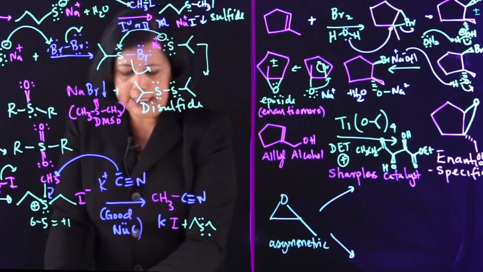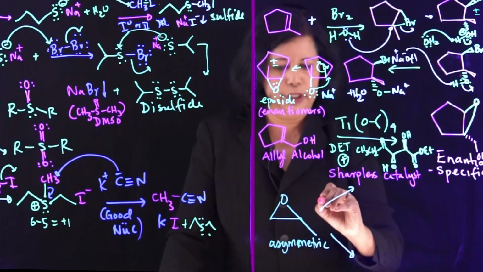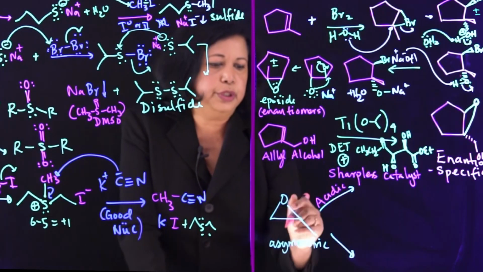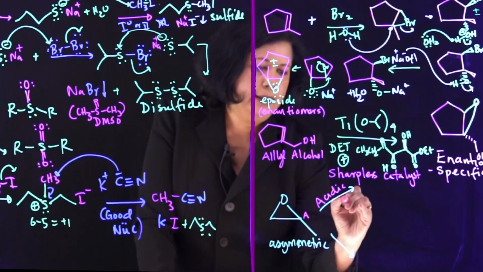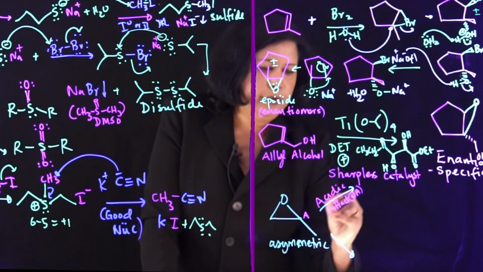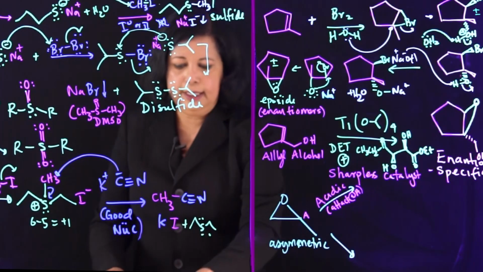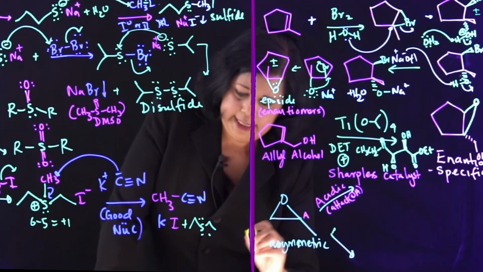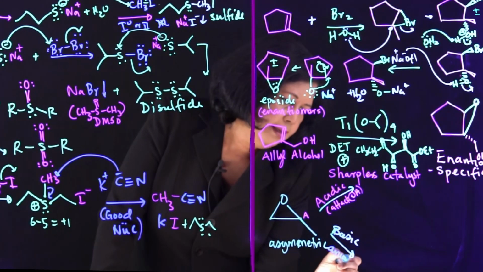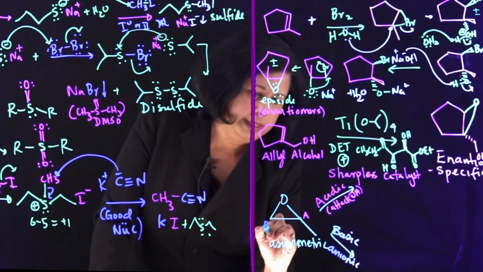So if you have acidic conditions, then it's going to attack the more substituted, attack A at A. If you have basic or anionic, anions are kind of basic, then it's going to go B.